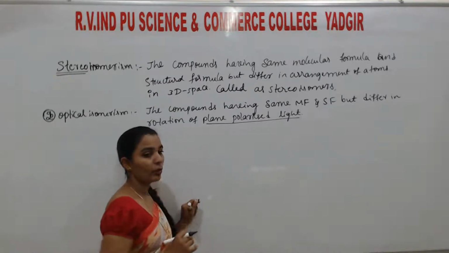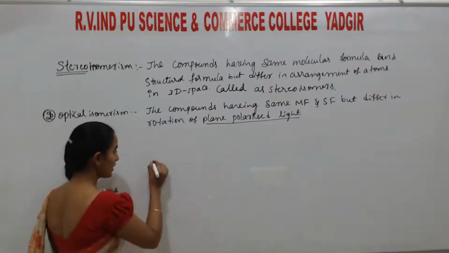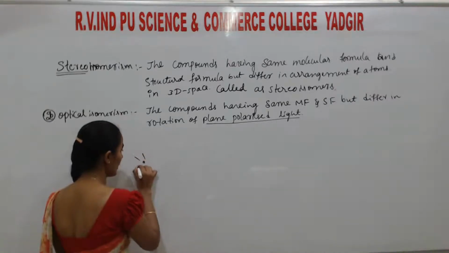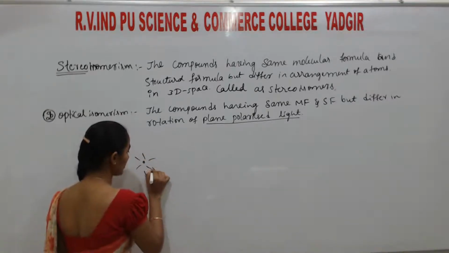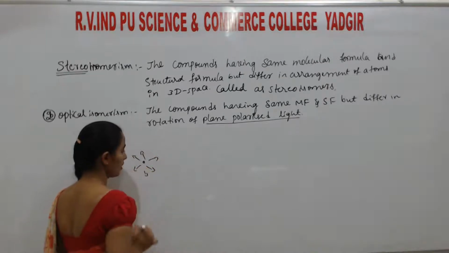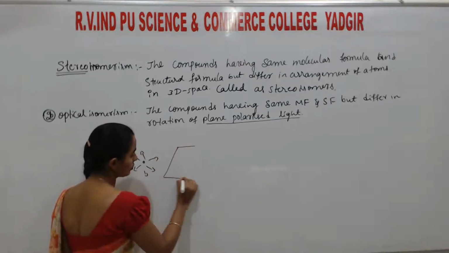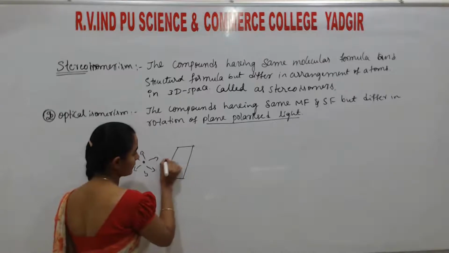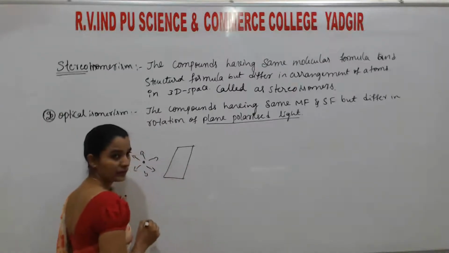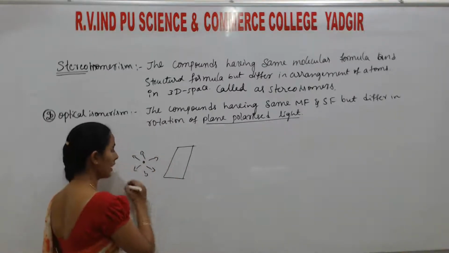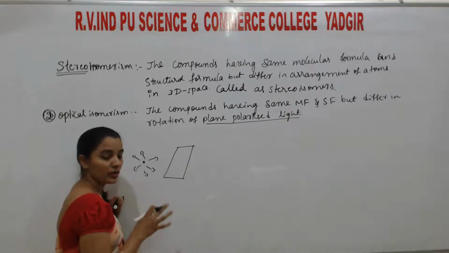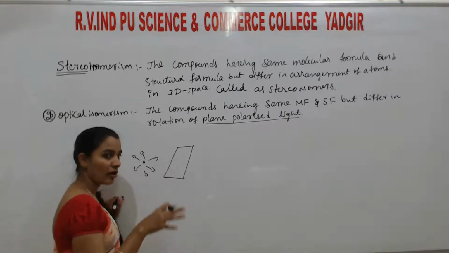Listen, if any ordinary light is there, it is like this. It is in all directions. When it is passed through a quartz glass, this is a quartz glass. So this is a light. It is a divergent light. It diverges in all directions.